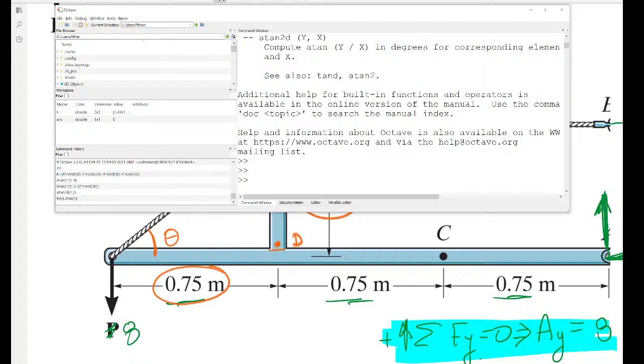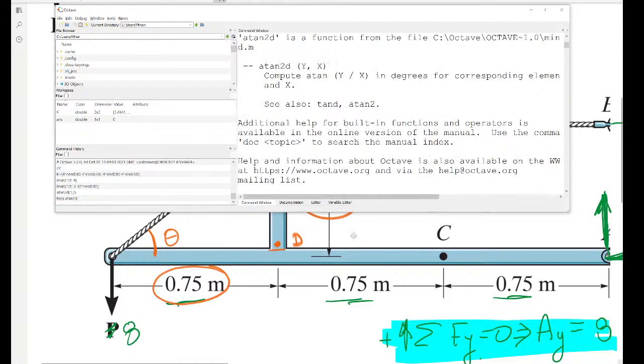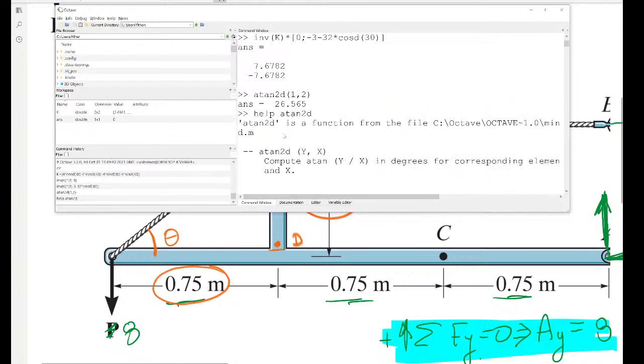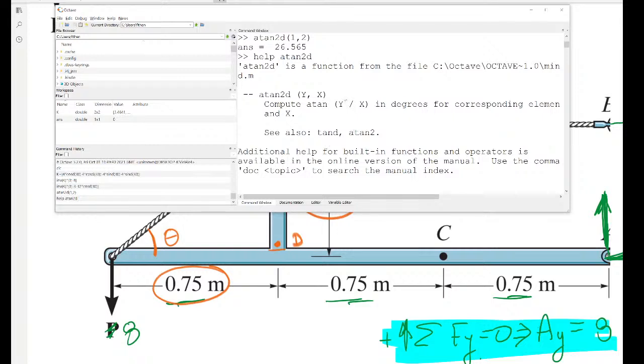Oh. Okay, so what you have is a function. Okay, so it says something there. Compute the arctangent in degrees of the corresponding elements, where you put in the actual x and the y.